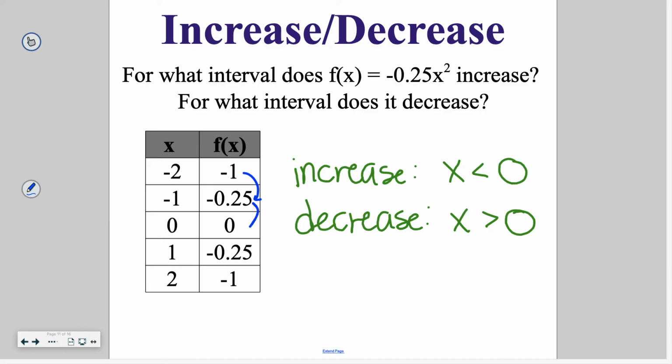When I go from -2.5 to 0, I'm going up. Then I switch. When I go from 0 to -2.5, I'm going down. -2.5 to -1, we're going down. That's because this graph is opening down. My values are coming up, -1, -2.5, then we hit that 0, and then we start going back down.